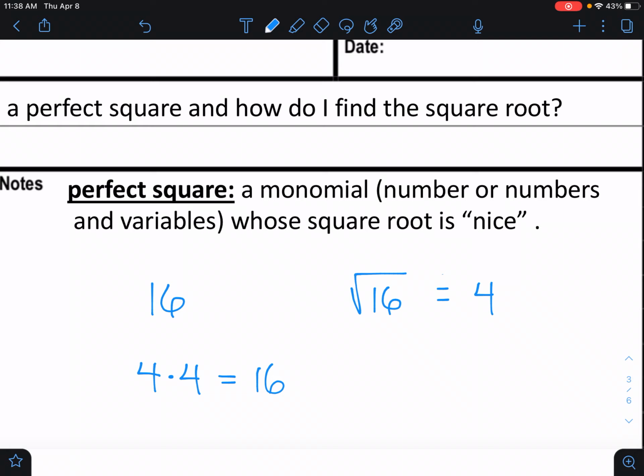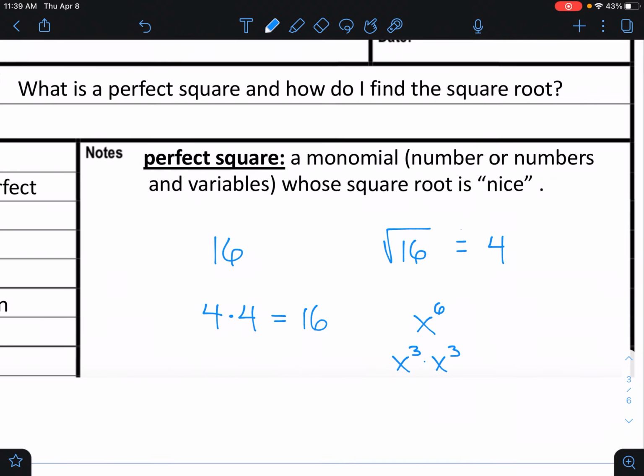Okay, now another thing you might see occasionally is what if it's got a variable raised to a power? Well, remember we said if you're multiplying two things with the same base, we can add the exponents. So this really is broken apart into x to the third times x to the third, which is the same as x to the sixth.